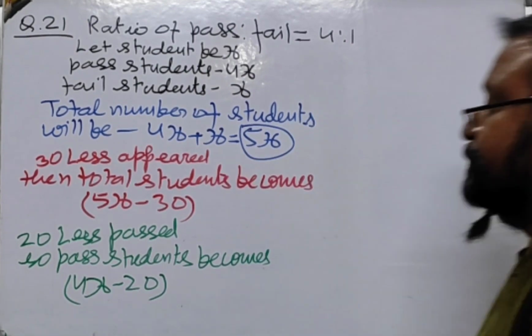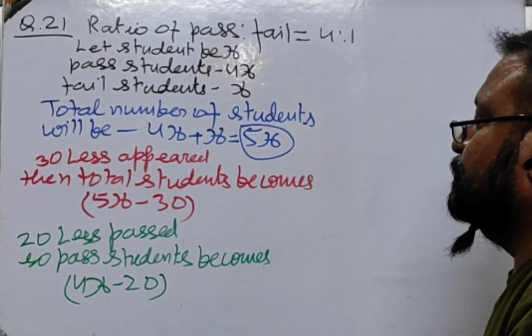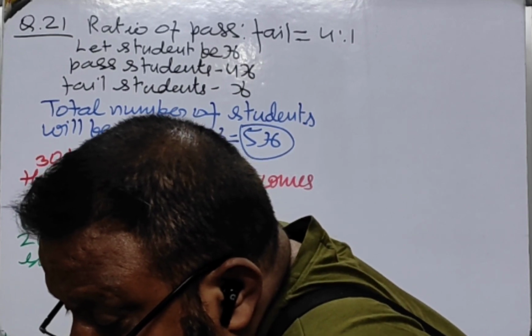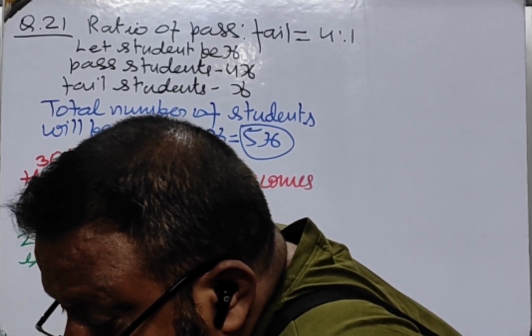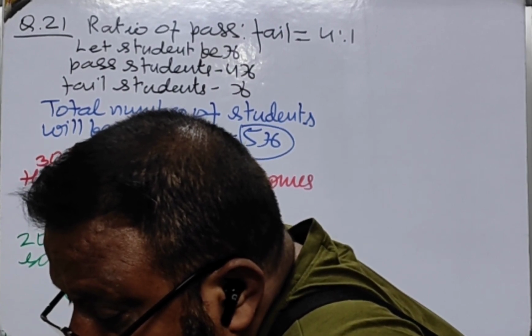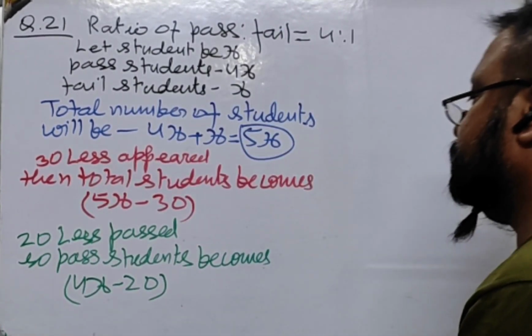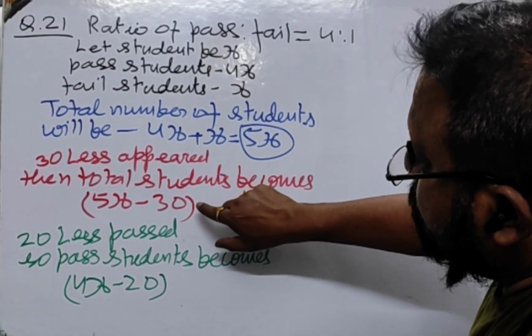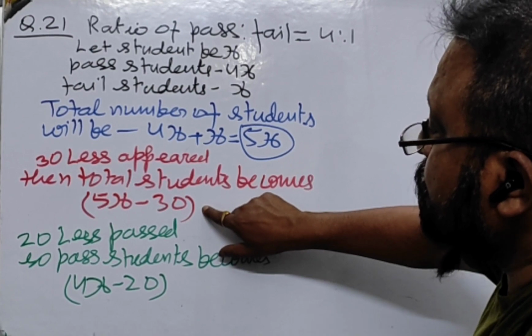The ratio of pass to fail will be 5:1. So this is the total number of students, this is the pass number.